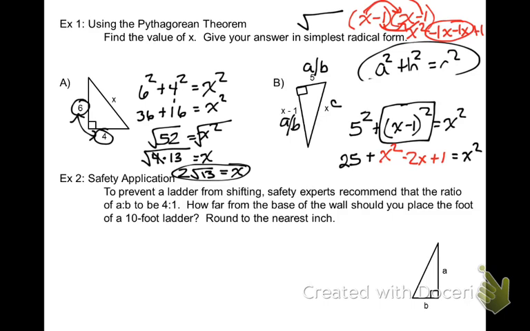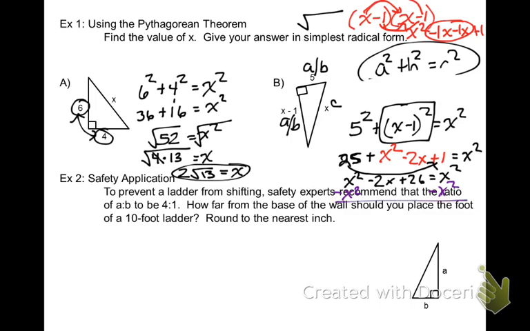Put like numbers together. Sorry, my like terms are 25 and 1. So it's going to be x squared minus 2x plus 26 equals x squared. This x squared is lonely, so I'm going to bring the x squared from the left over to the right. So I'm going to subtract x squared from both sides.